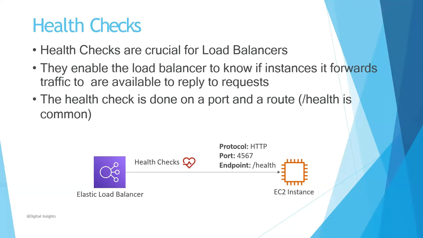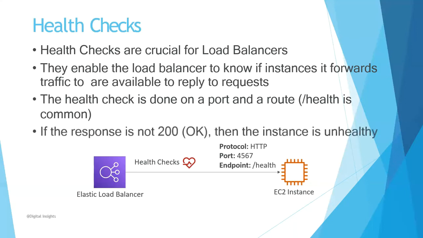When the ELB does an HTTP request, if the response is not 200, which means okay, then the ELB will presume that the instance is unhealthy. The frequency is also under your control, how frequently you want to check your EC2 instance, so that the failover is much faster.